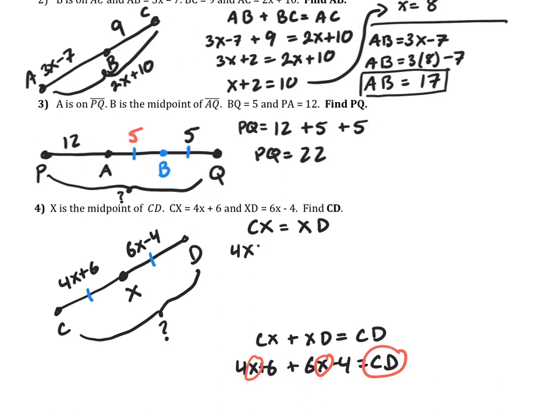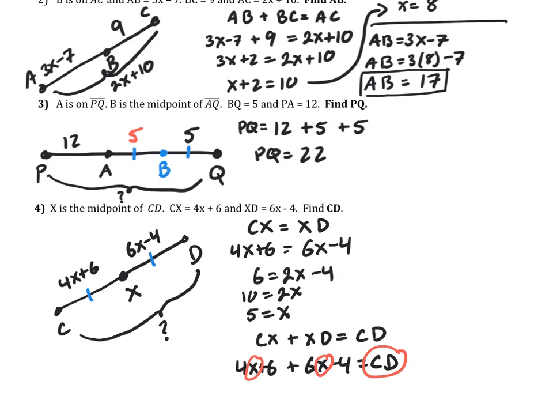So we have 4x plus 6 equals 6x minus 4. I'm going to subtract 4x from both sides, and we'll get 6 equals 2x minus 4. Add 4 to both sides, and we get 10 equals 2x. Dividing both sides, we find that 5 equals x.